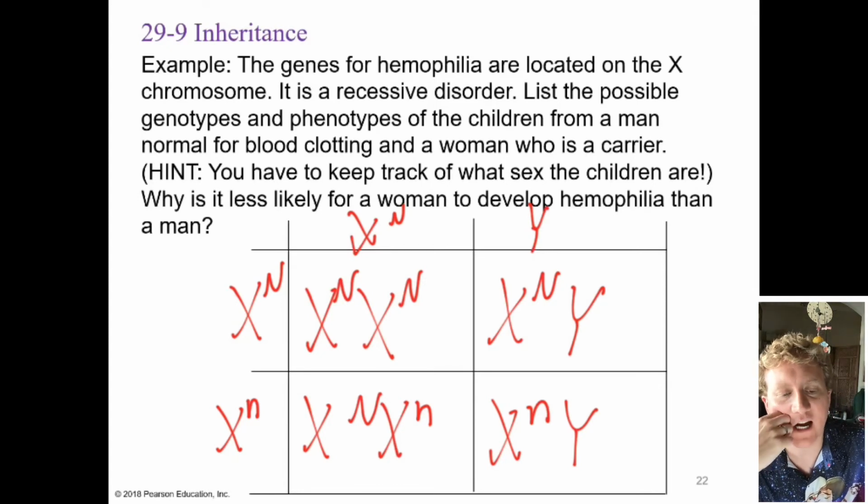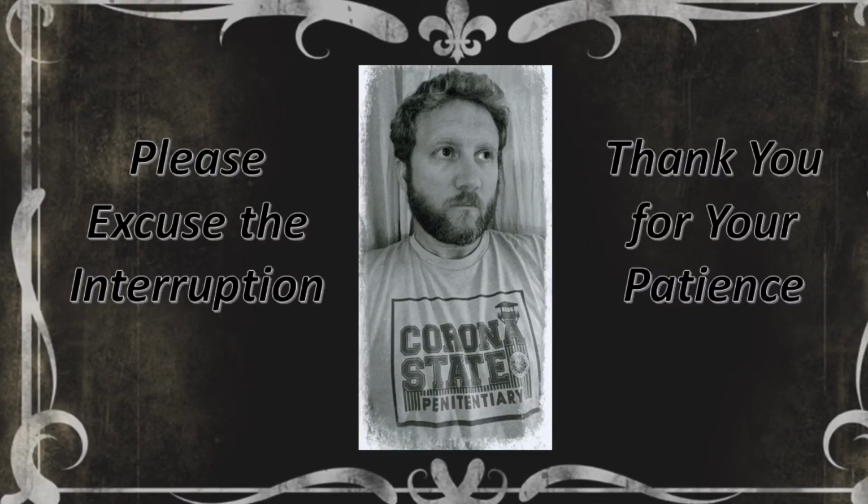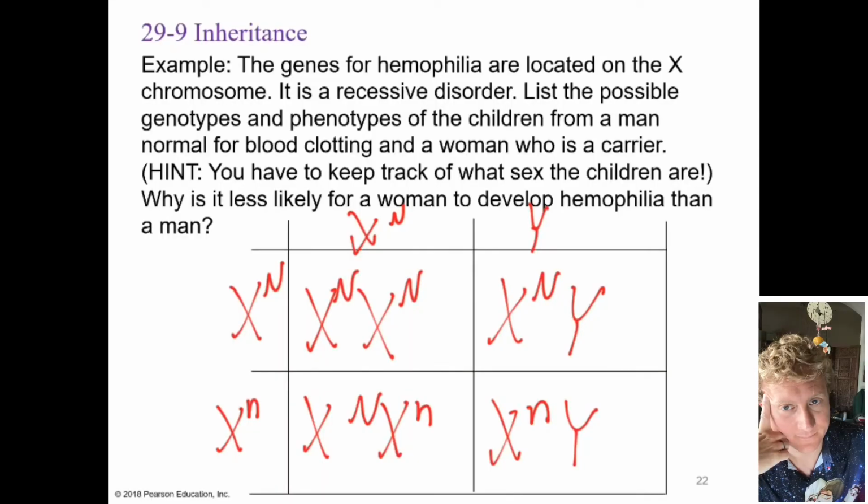And so that gets into why is it less likely for a woman to develop something like this? I'll give you a second to think about it before I give you the answer. Give up?